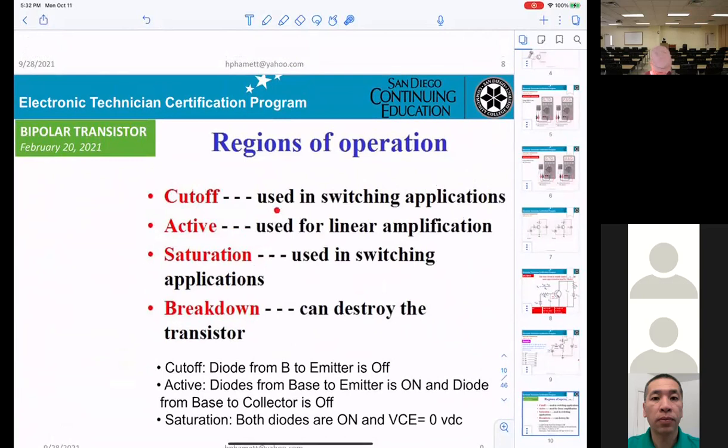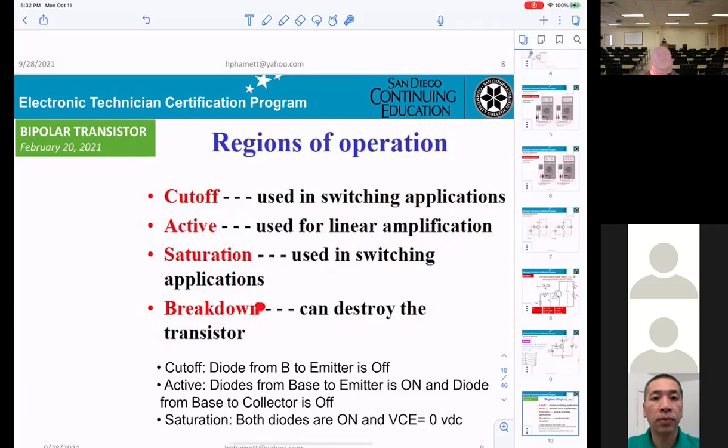Cutoff is used in switching applications, like switch turn on, turn off, and the same thing happens in saturation. Normally, a transistor in saturation is used to build logic circuitry in a digital circuit. And in electronics, we will deal with the active region. That will be for amplification, meaning they amplify your voice.